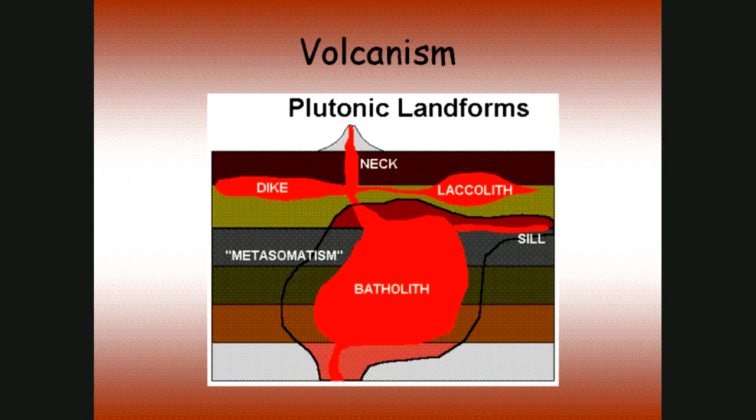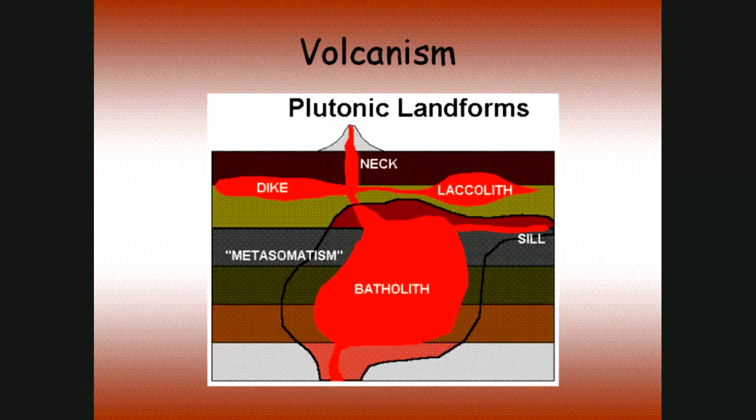You also have dikes and laccoliths. Dikes are a little smaller than laccoliths. A dike is usually a horizontal formation that forms like a dam or a dike. It might intrude between layers of rock and not reaching the surface, cool and harden in place. A laccolith is a little bit bigger.